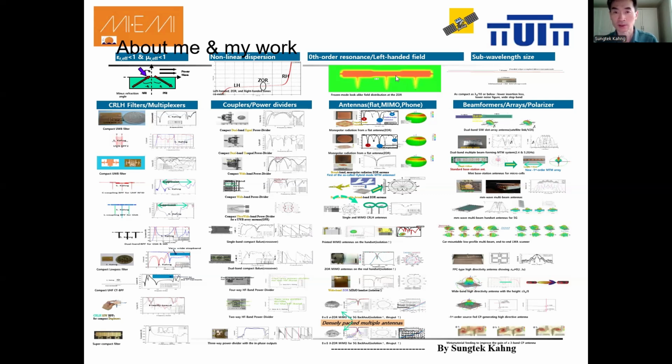This is a third order filter which consists of three ZOR resonators. Each of these resonators has, independent of the others, zeroth order resonance, and the resonators are coupled together. The entire geometry also becomes a zeroth order resonance.